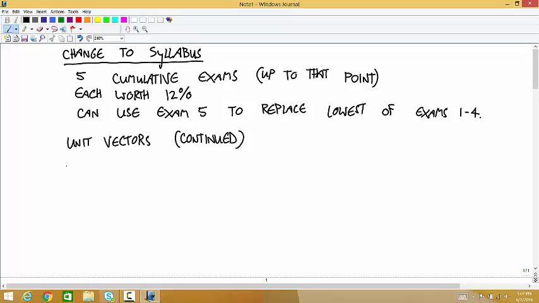But what we haven't done yet is talk about how to calculate a unit vector pointing in the direction from one point towards another point.